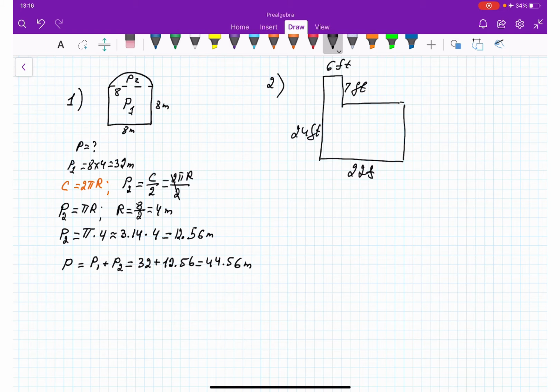Well, it looks like the length of 22 is more than 24, so let me shorten it to keep proportion. Okay, 22 feet. And we need to find the distance around the given figure. Distance around the given figure means perimeter.